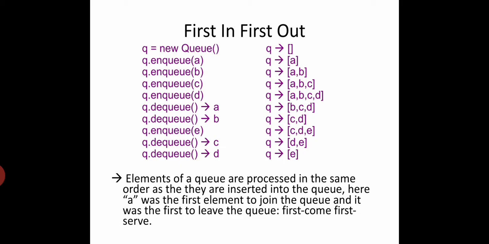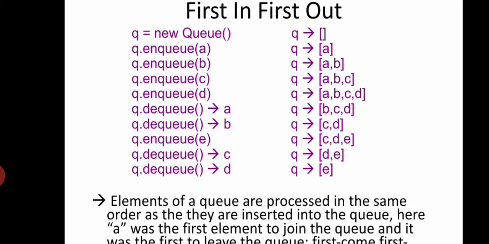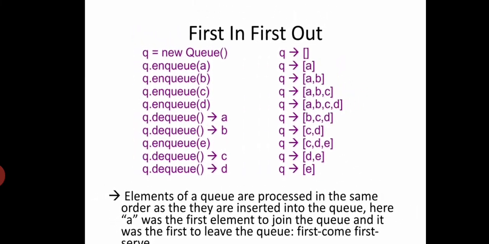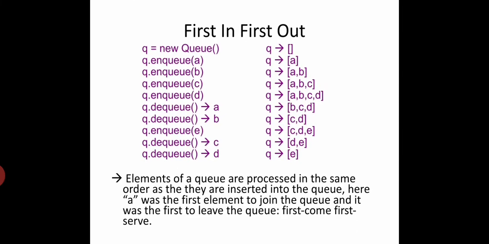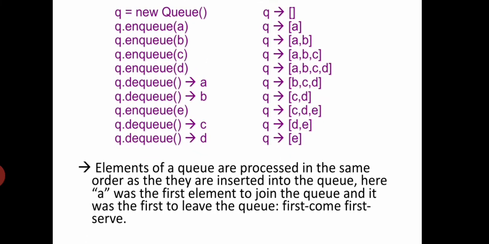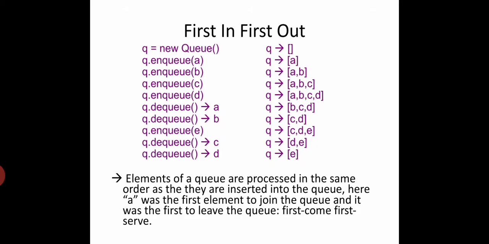Here a was the first element to join the queue, because we all know that a is the first element which is inserted into the queue, and that element is accessed first. So that element is the first to leave the queue. a was the first element to join the queue and it was the first to leave the queue.